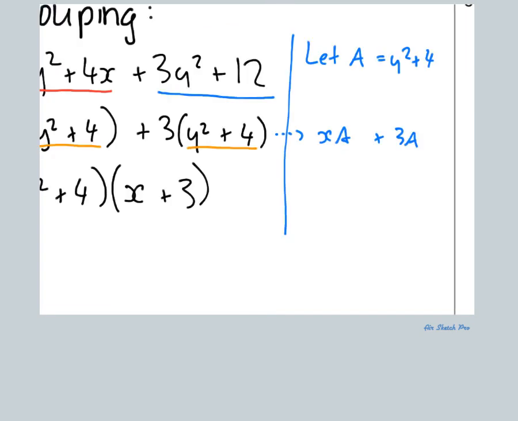Now, I think when it's written like that, you can see that there is definitely just a simple common factor there of a. And what we'll be left with is a times x gives me xa, and a times 3 gives me 3a. That's just the reverse distributive law, no problems. But if we then look back here, we actually said that a was y squared plus 4. So instead of a, we should really write what it really is, which is y squared plus 4, which is where, oops, we get our expansion.